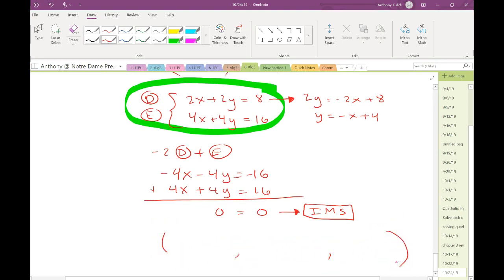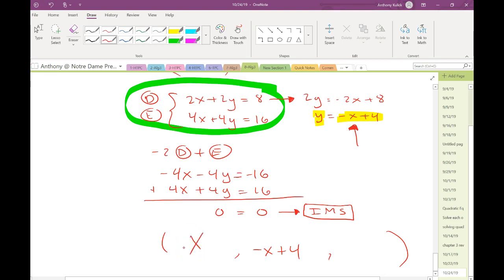And this is going to be 2 of the 3 spots in my solution set. So in the y spot, what I'm going to write is negative x plus 4, because that's what y is equal to. Is everybody okay there? Because this equation is in terms of x, x is like the independent variable.